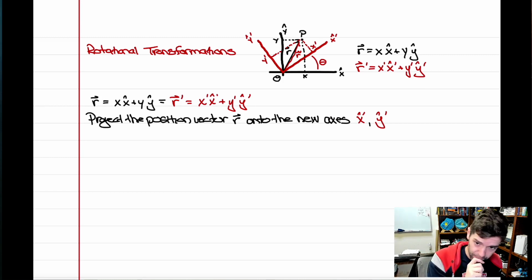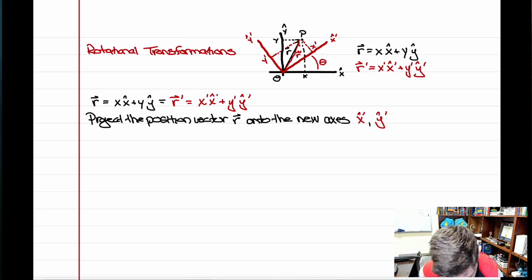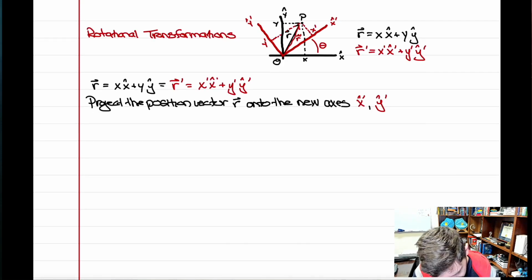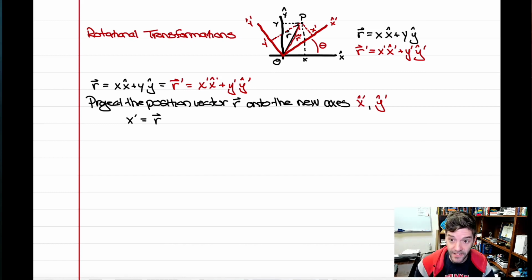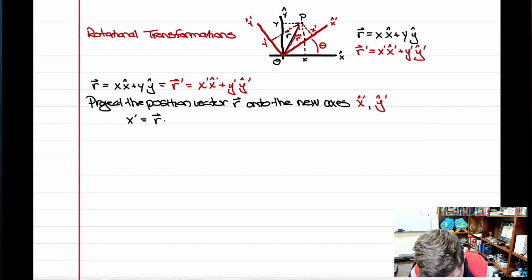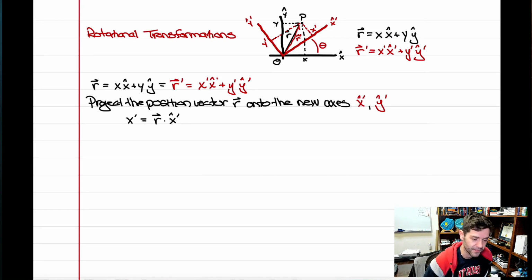It's a projection. Well, that sounds a lot like a dot product. And indeed, that's how we can figure this out. So I know that the new x component is going to be the part of the original vector that is parallel to x hat dash, right? Because remember, that dot product is saying what component of the position vector r is parallel to x hat dash.